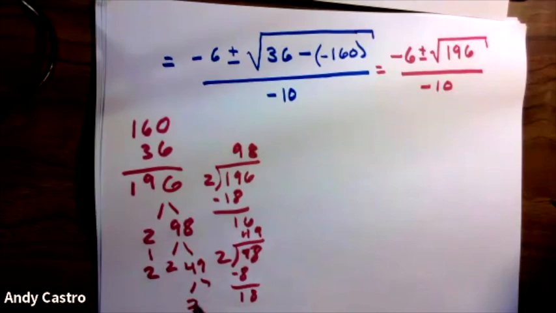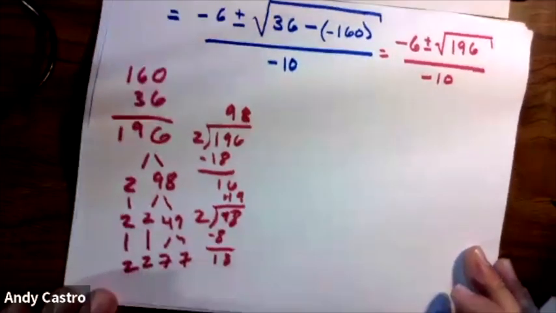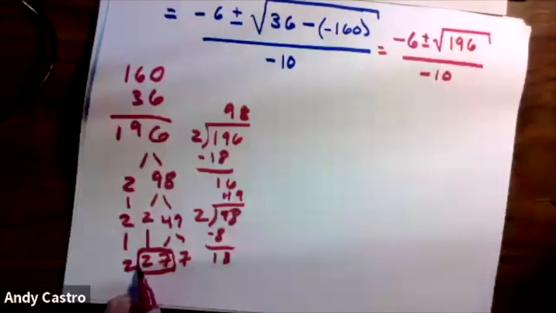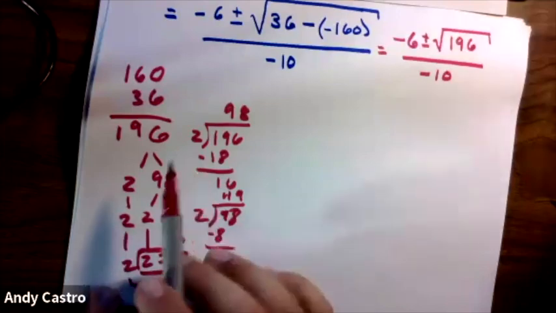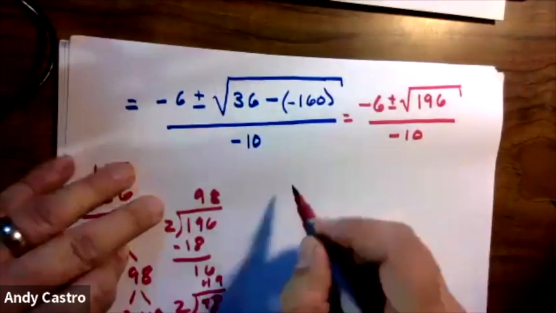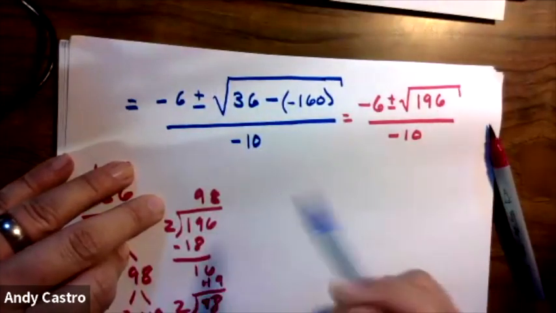And then this, of course, is 7 times 7. So we do have a perfect square. 14 times 14 is equal to 196. So the square root of 196 is 14.